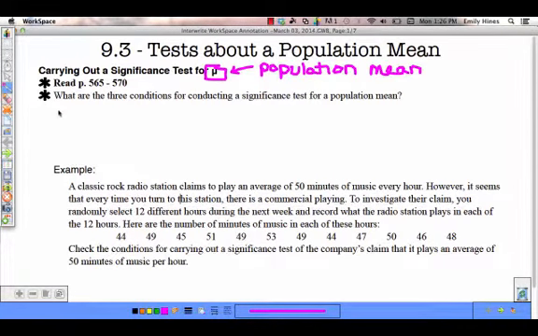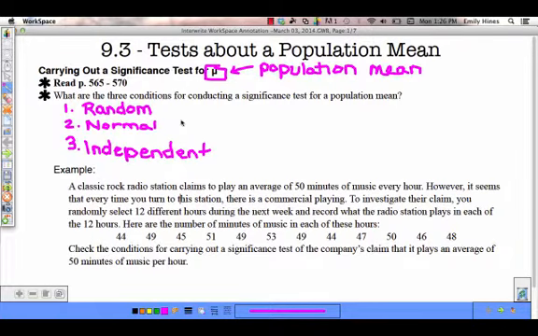There are, again, 3 conditions for conducting a significance test for a population mean, and they are the same 3 that we had for confidence intervals. Though we did them a little differently for means than we do for proportions, they're the same 3 nonetheless: random, normal, independent.